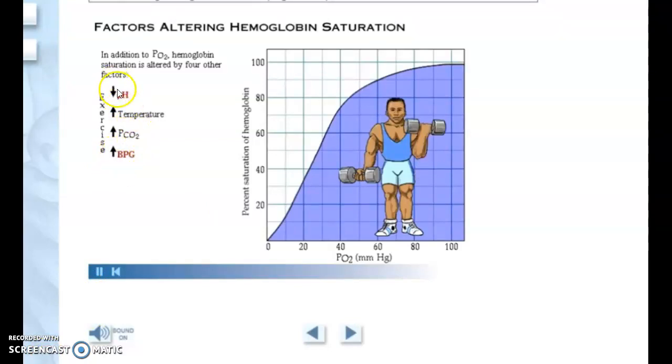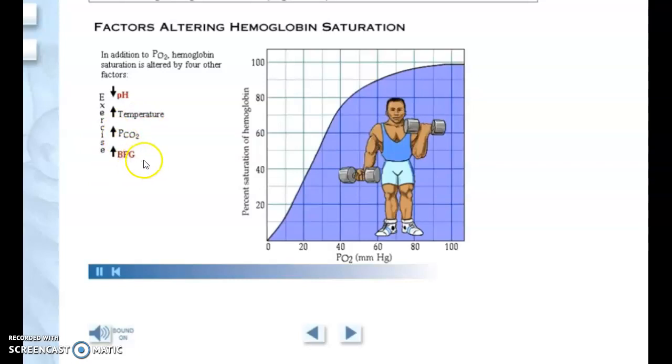Now, again, notice your pH drops. Why? Because acid has a low pH. You're producing lactic acid when you exercise. Temperature increases because you're using the muscles, burning that energy. Your carbon dioxide levels increase because you're burning up more glucose, therefore you're producing more carbon dioxide. And then a byproduct of this process is BPG, so that also increases.